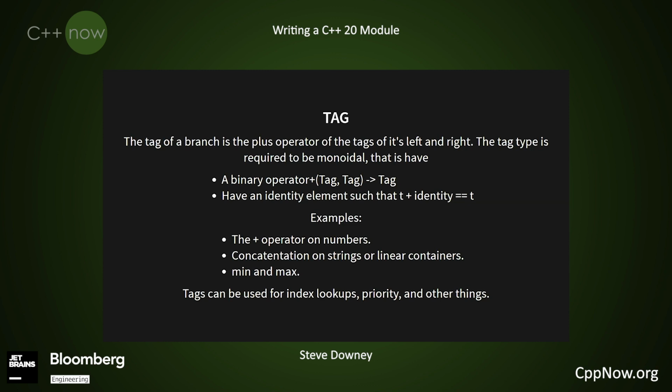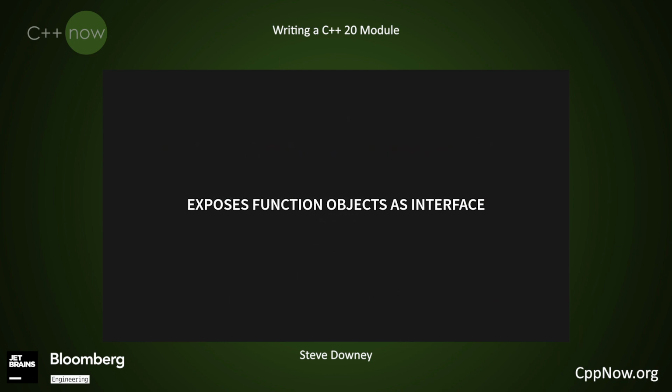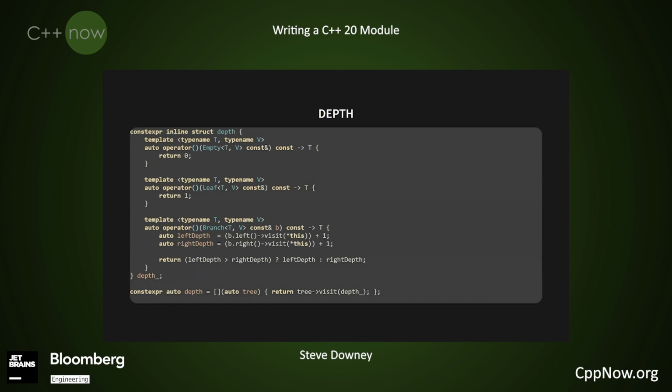Now, the general pattern that fringe tree uses exposes function objects as its interface. I was playing with niebloids early on here. So we'll have a struct depth that is our visitor object, which looks at either empty, leaf, or branch. The depth of an empty tree is 0.